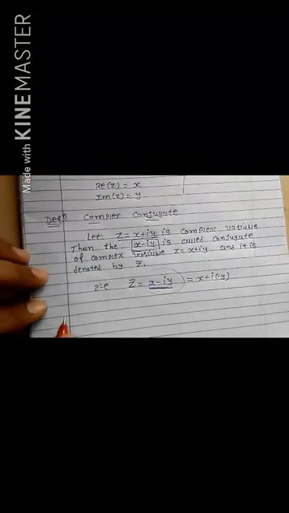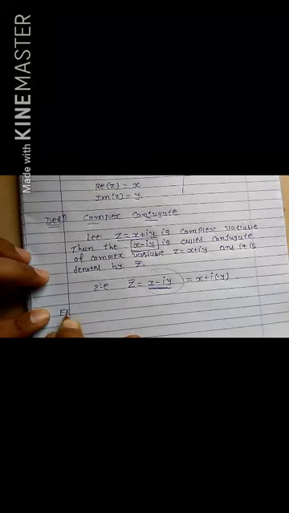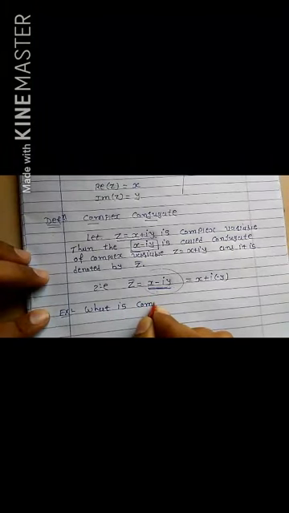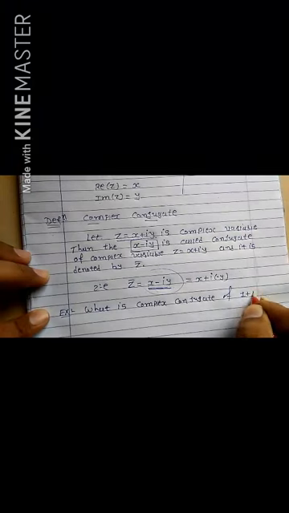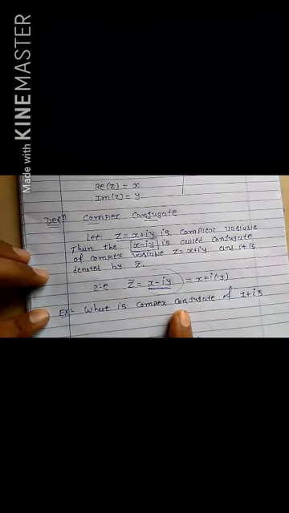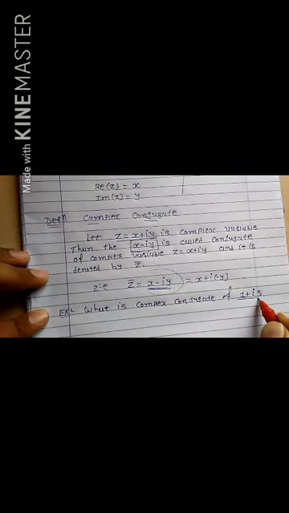One more example. What is the complex conjugate of 1 plus i3? Means what is the complex conjugate of 1 plus i3? 1 plus i3 is the given complex number because here x is 1, y is 3.